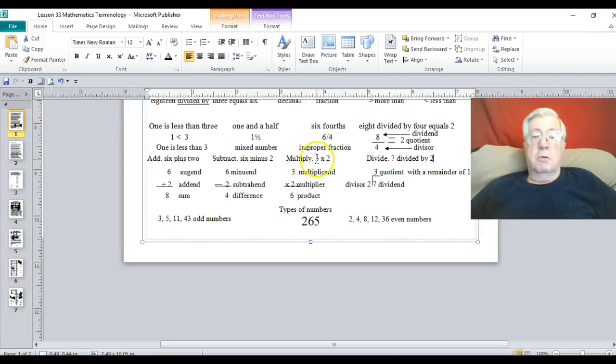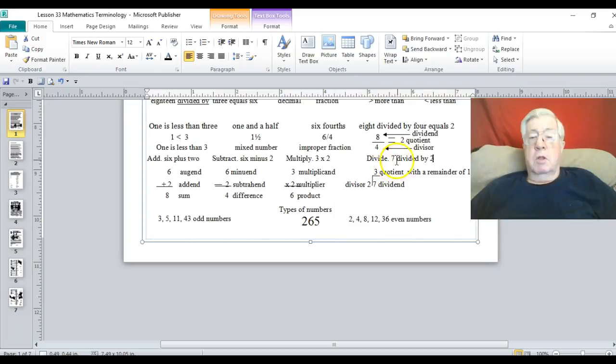Multiply 3 times 2. 3 is called the multiplicand. 2 is called the multiplier. The answer 6 is called the product.